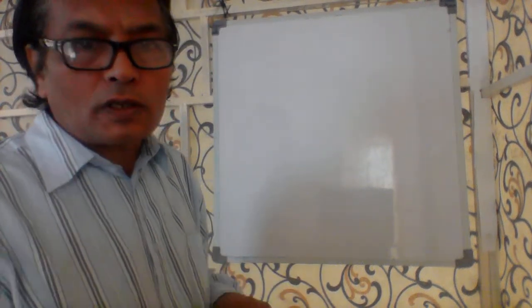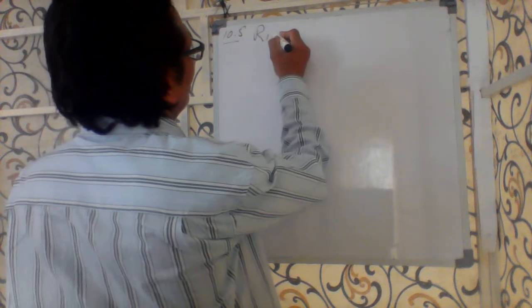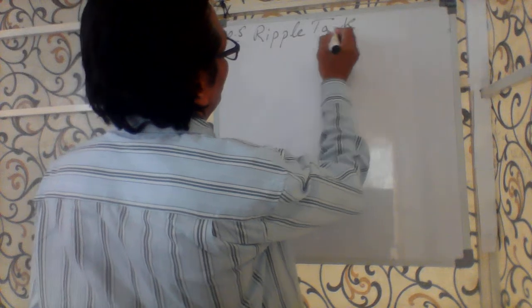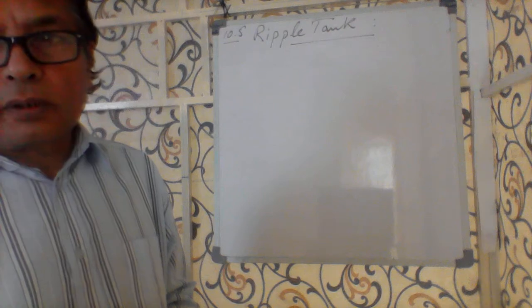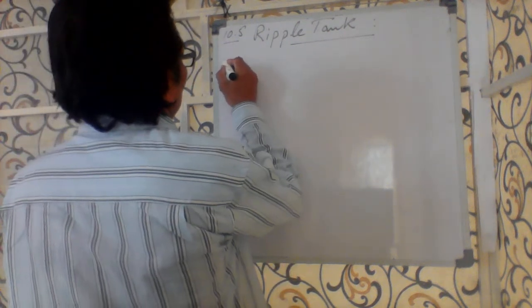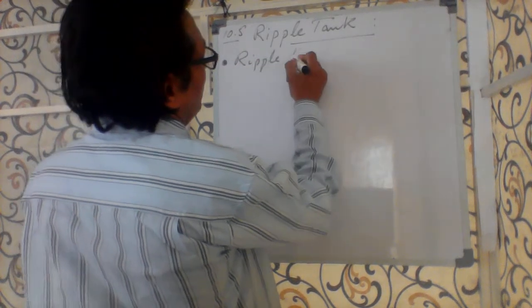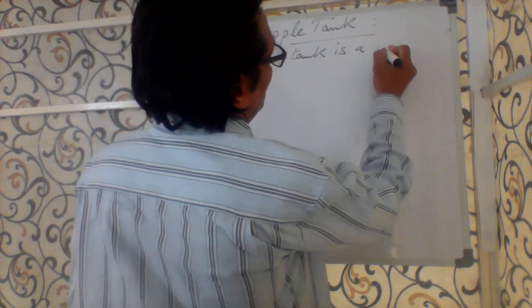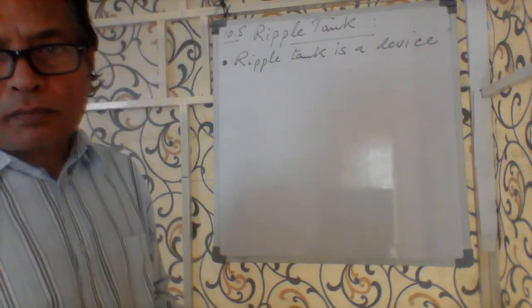Topic is 10.5, ripple tank. First of all, define what is a ripple tank. Ripple tank is a device for what?